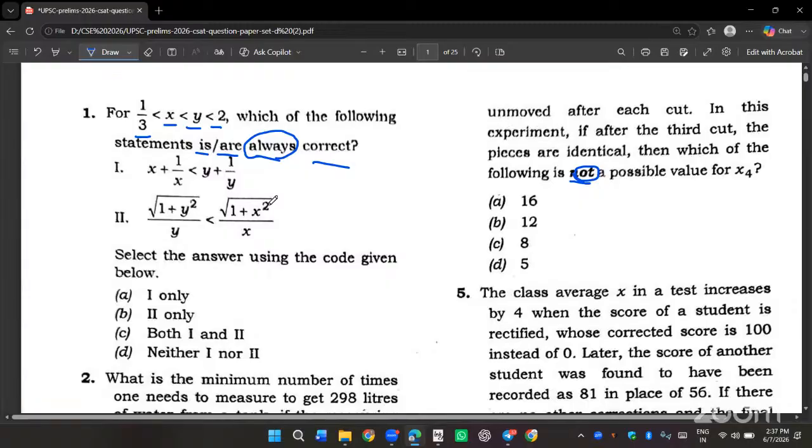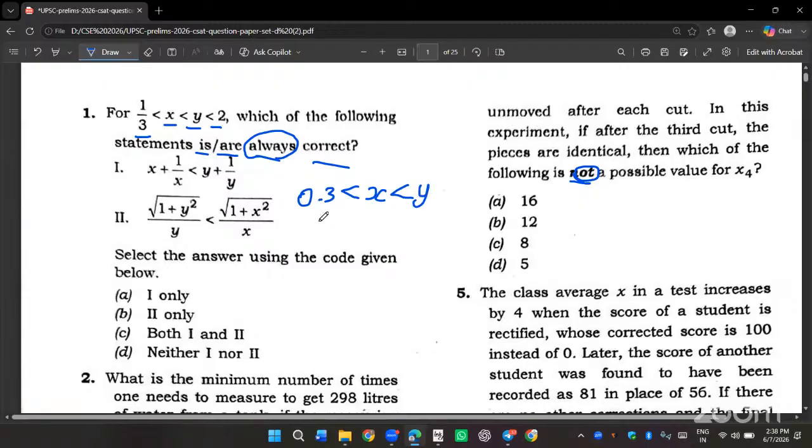Here they have given that x is greater than 1/3. What is the value of 1/3? It is 0.333, anyway we can take it as 0.3. Then x should be greater than 0.3. Then y should be greater than the x value.